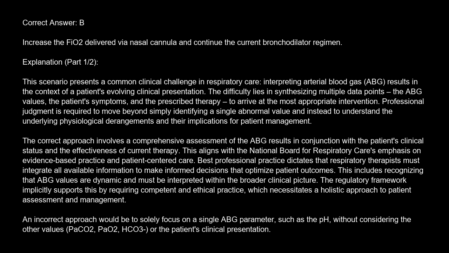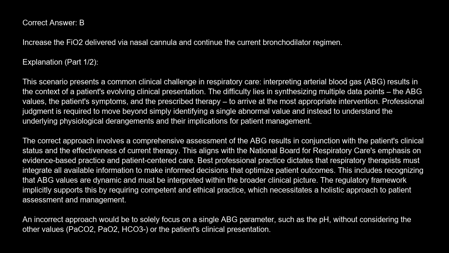Professional judgment is required to move beyond simply identifying a single abnormal value, and instead to understand the underlying physiological derangements and their implications for patient management. The correct approach involves a comprehensive assessment of the ABG results in conjunction with the patient's clinical status and the effectiveness of current therapy. This aligns with the National Board for Respiratory Care's emphasis on evidence-based practice and patient-centered care.